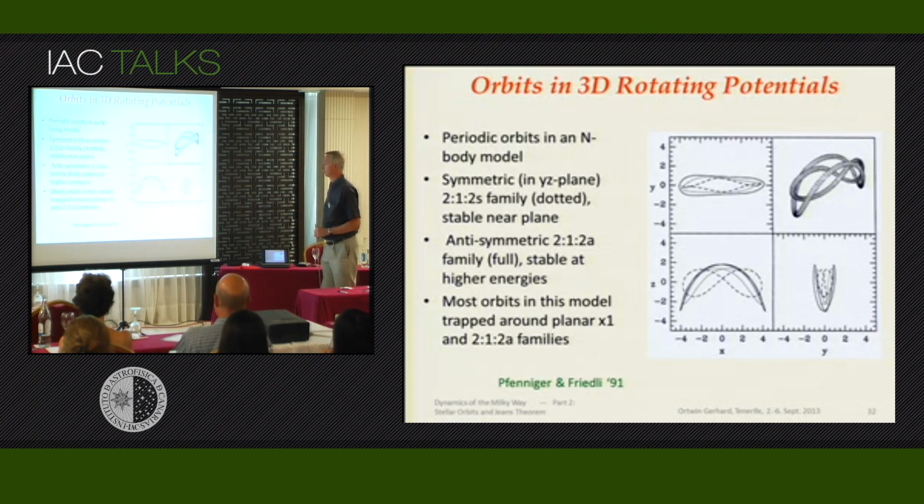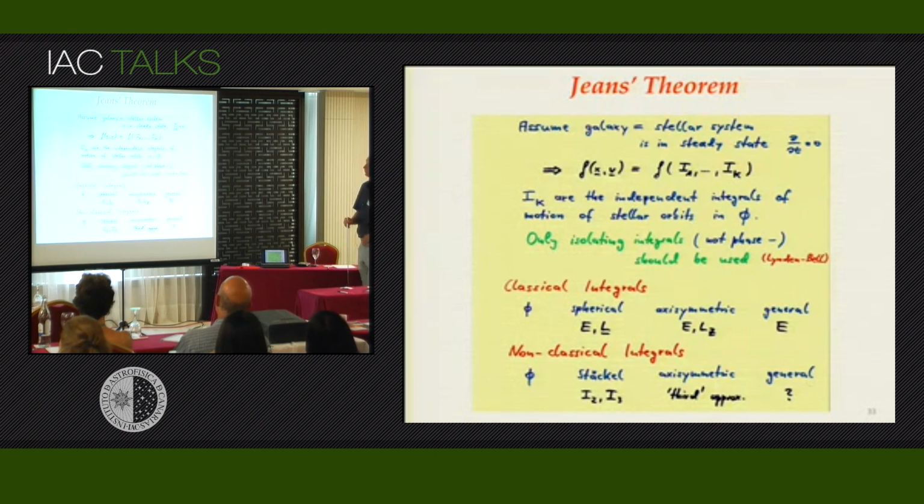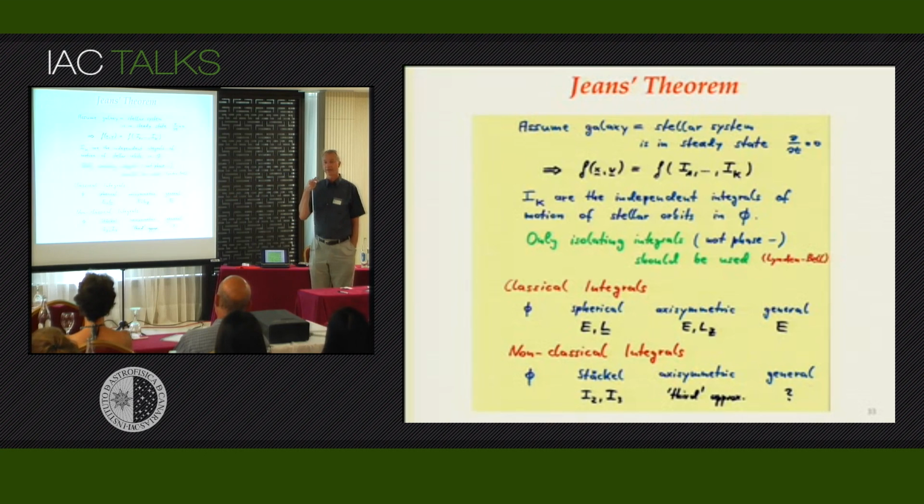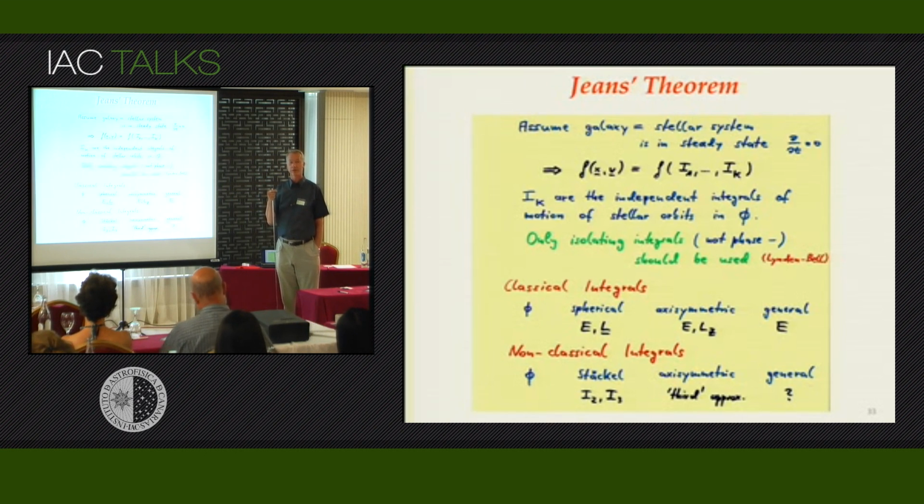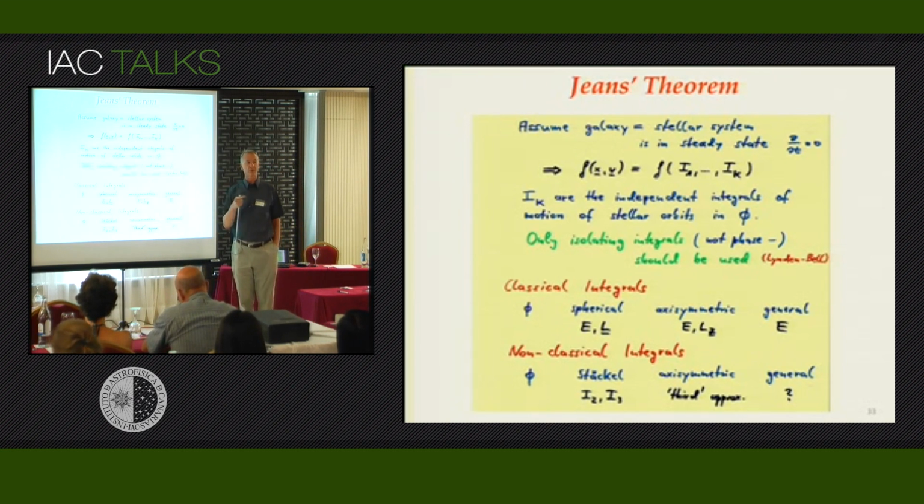Usually one of those is stable, and the other is unstable, but that may change depending on at what energy you look. So in these three-dimensional potentials, the orbit structure can get very complicated. That is one of the messages, and we will see that these kinds of orbits play an important role in three-dimensional bars.